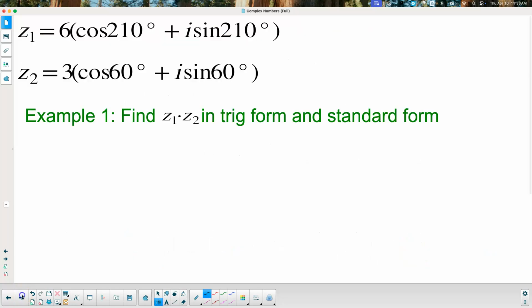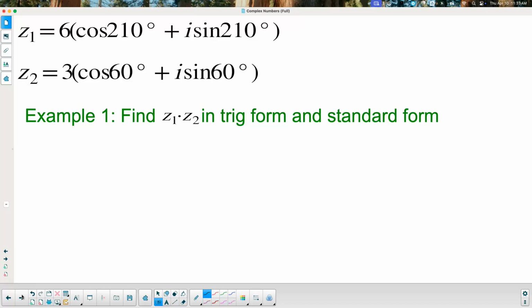Let's jump into one here. So now we're changing up our z sub 1 and our z sub 2. Okay? So now it is 6 CIS 210 degrees and 3 CIS 60 degrees for our new complex numbers. We are asked to find z sub 1 times z sub 2.